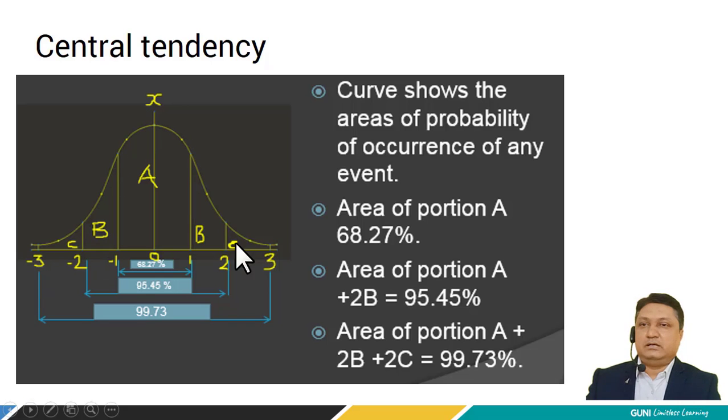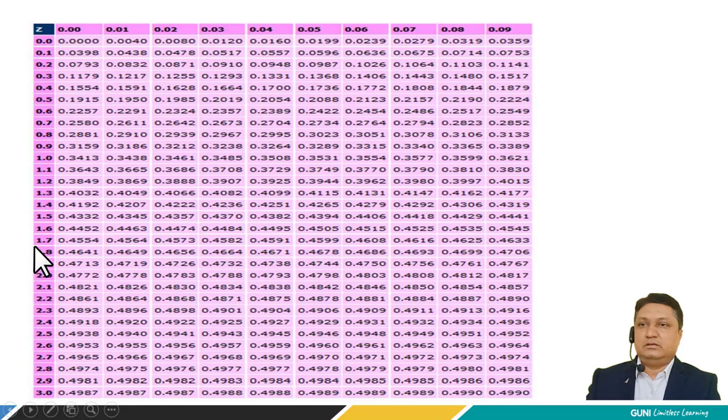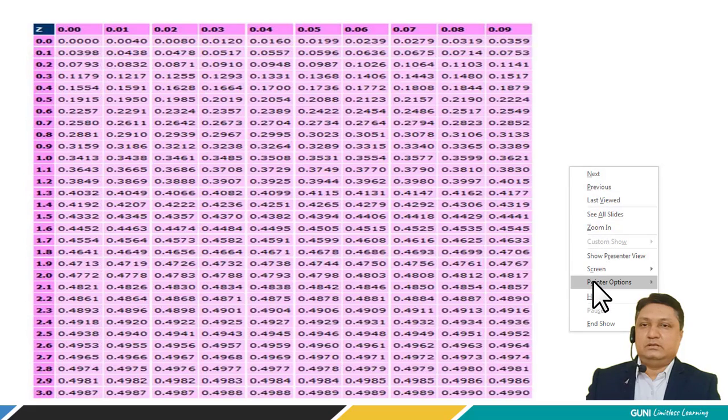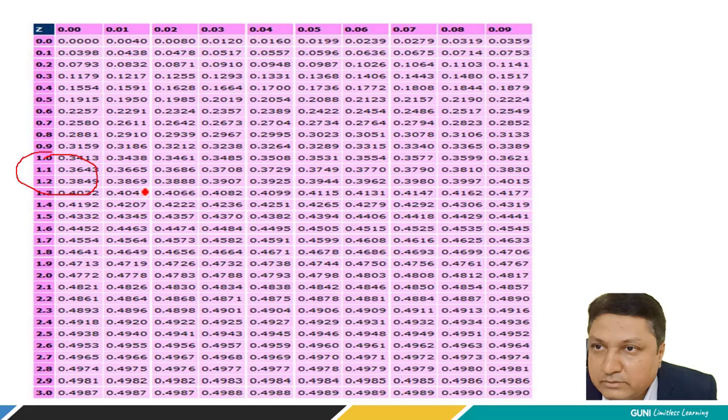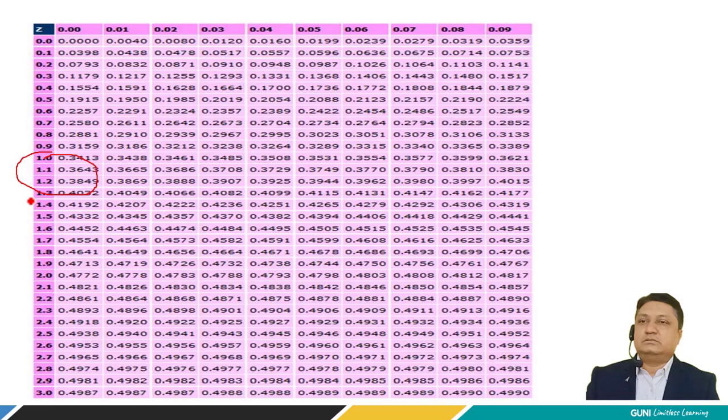Now the area in this curve is converted and shown in this table as Z values. Suppose here the Z value is 1, so the area is about 0.3413. We can say it is 34.13%.